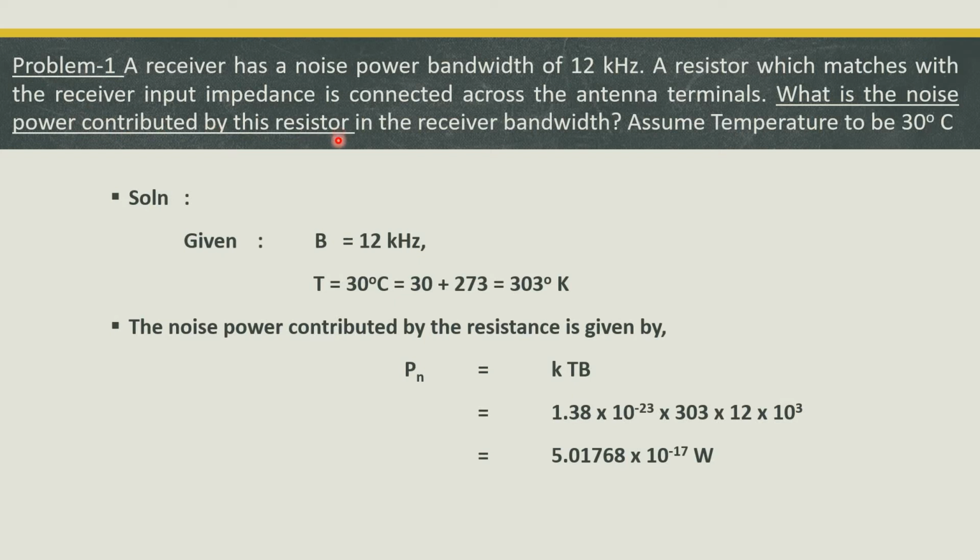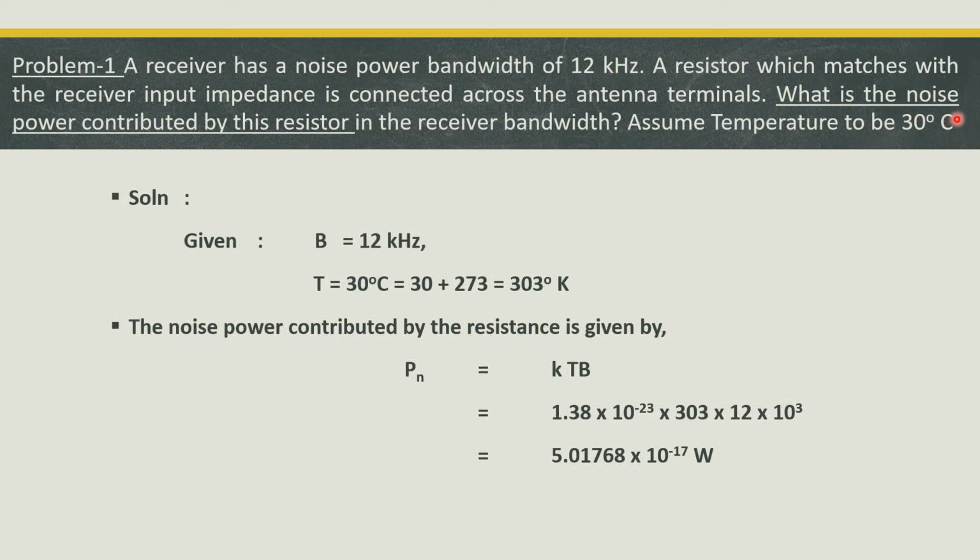We are already familiar from the previous slide, the average noise power Pn is equal to KTB. Here the parameters provided are bandwidth, 12 kilohertz, and temperature, 30 degrees Celsius.